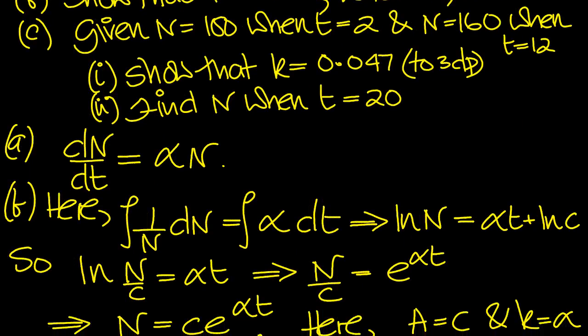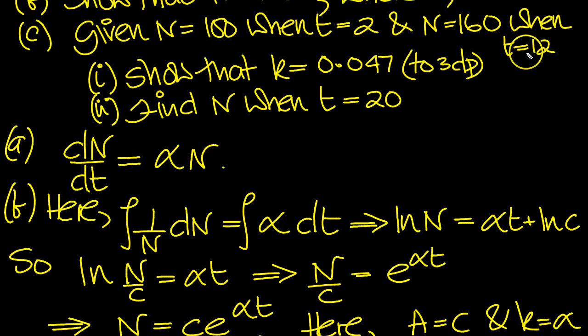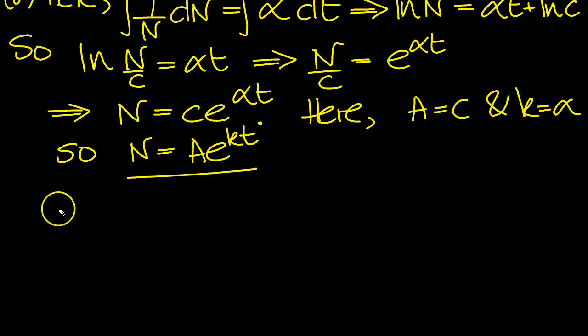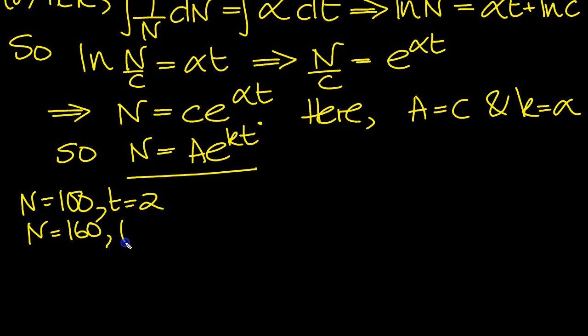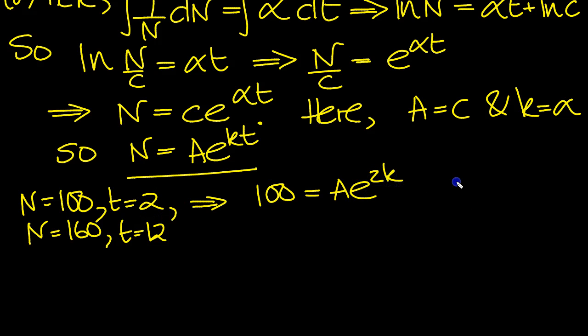So given that n is 100 when t is 2 and n is 160 when t is 12, show that k is 0.047. So n equals 100 when t equals 2 and n equals 160 when t equals 12. Put this one in: 100 is equal to a e to the kt, and that's 2 lots of k.